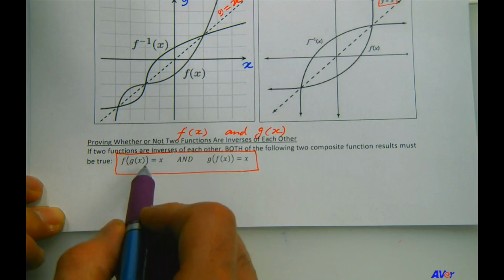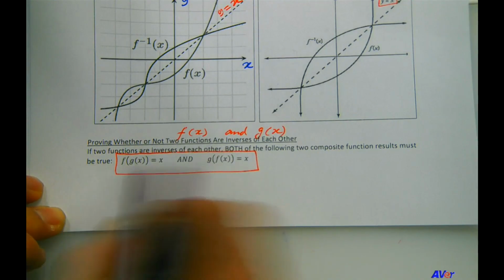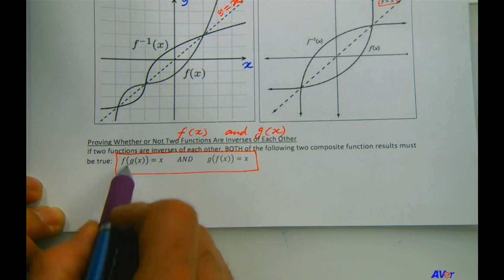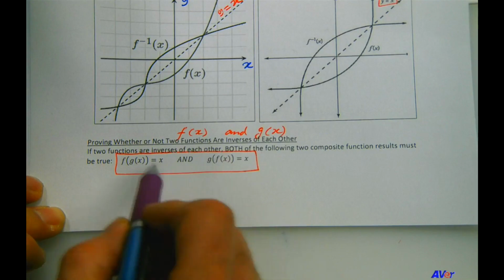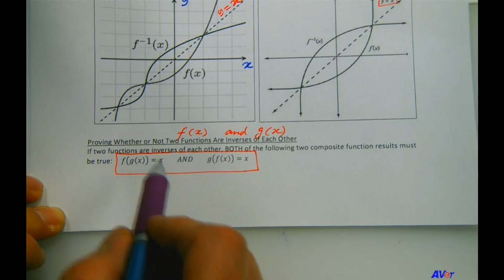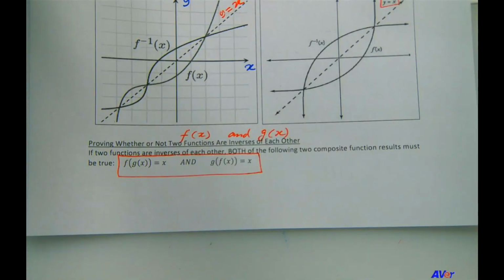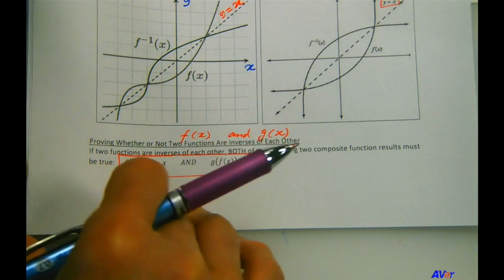Only if we calculate the composition of these two functions in both directions, f and g and g and f, and we get x in both cases, then we have shown that the two functions that were claimed to be inverses of each other are in fact inverses of each other. Okay? As a matter of fact, we're going to do that in the examples we have.